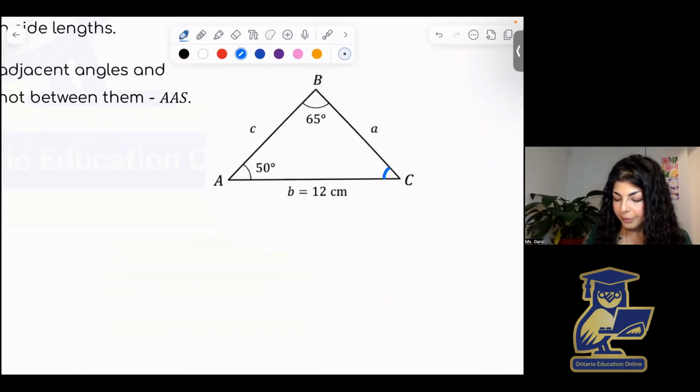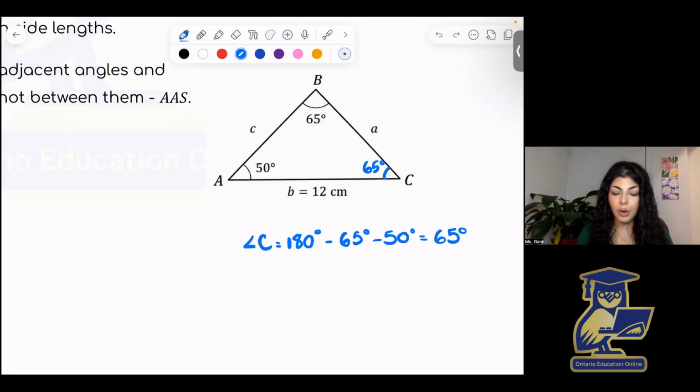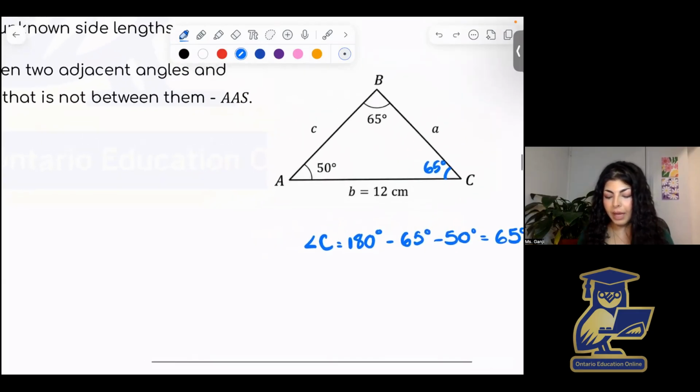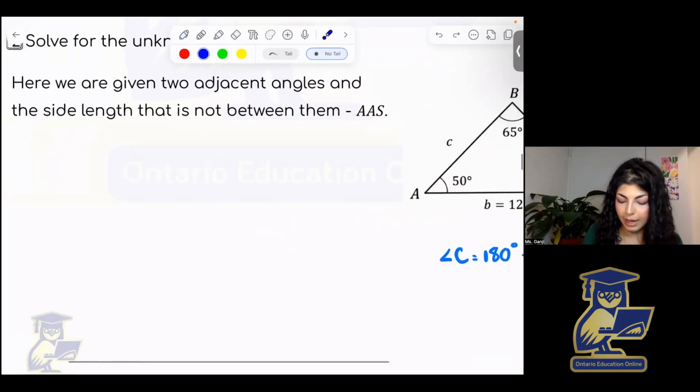So really here, I can do angle C is equal to 180 degrees minus 65 degrees minus 50 degrees, and this is equal to 65 degrees. So in fact, this is actually an isosceles triangle because of these two angles. So when we solve for C, that should be equal to 12. So we will check now.